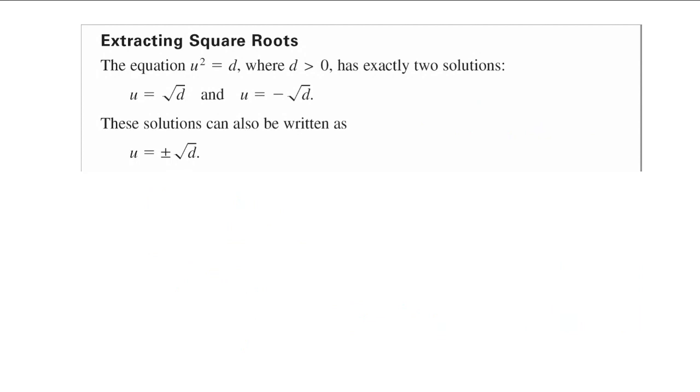Let's say I gave you something like this, and this might not turn out real nice because I'm just making it up as I go. Let's say I gave you 2x squared plus 32 is equal to 0. In order to use this method, we have to isolate the x squared before we can solve, okay? So we're going to subtract 32, right? We're going to isolate the x squared.